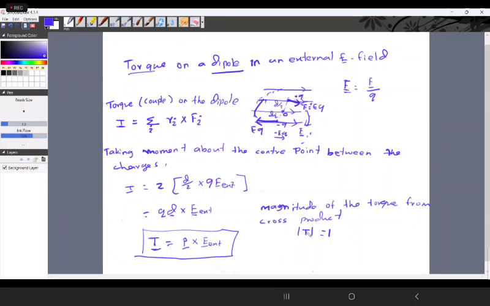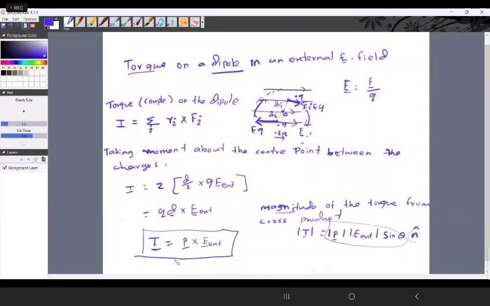Likewise, the modulus of tau will be equal to the modulus of p and the modulus of the external electric field times sine theta. So the magnitude we can have using this value, and this will also be along a direction. Okay. So we know that if we have this curl and the clockwise sense, we can find the direction of this one. Okay. So this is the way to find the magnitude.